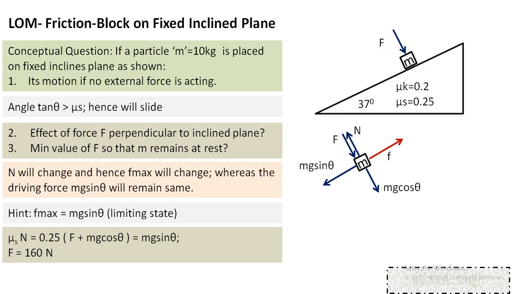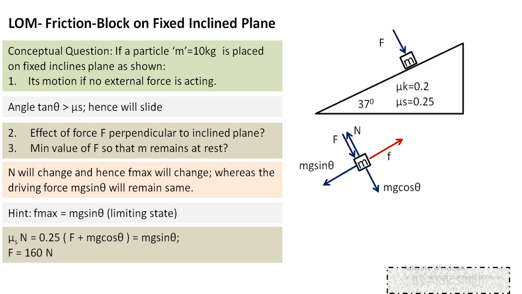How much will be the normal reaction? We can find that using the summation of forces in the y direction equal to 0. There is no motion in the y direction. Hence, N will be equal to F plus mg cos theta. We substitute these values: mu s times (F plus mg cos theta) equal to mg sin theta. Solving, we find F is equal to 160 Newton.